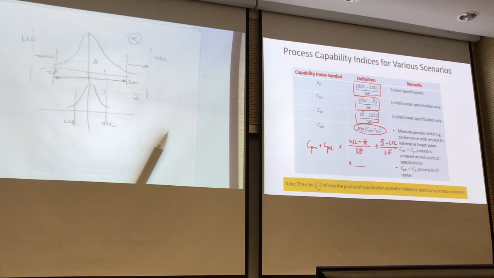Adding this together gives upper spec limit minus lower spec limit. The X, the mean, cancels away. So compare this with this one, and this is what you have. So this is the relationship.